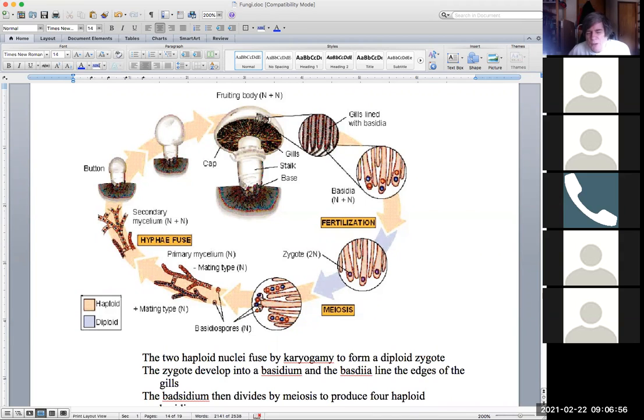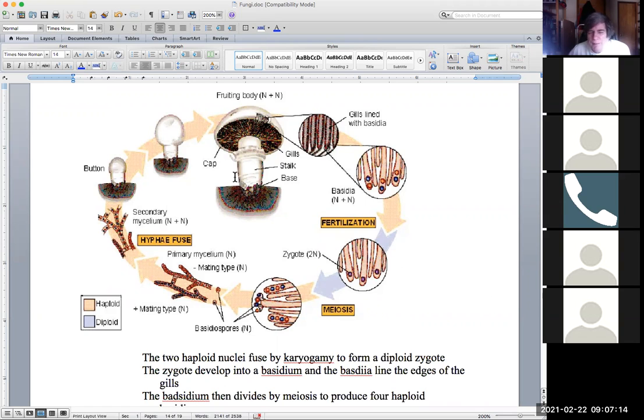So again, most of the time, if we look at this type of fungus, the body is growing underground by mitosis, either mitosis of the primary mycelium or the secondary mycelium, after we have N plus N heterokaryotic cells.